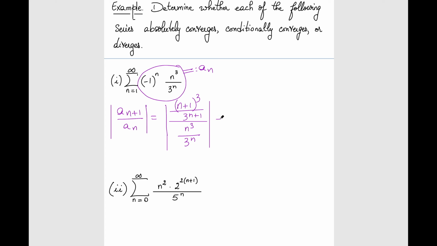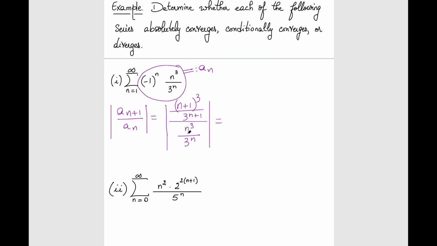Okay, so then we're going to try to simplify here. The absolute value here is not doing any job because all the terms are positive, so we can drop it. I can keep it, but it's just decoration at this point. So we have (n plus 1) cubed divided by 3 to the power n plus 1, divided by n cubed over 3 to the power n.